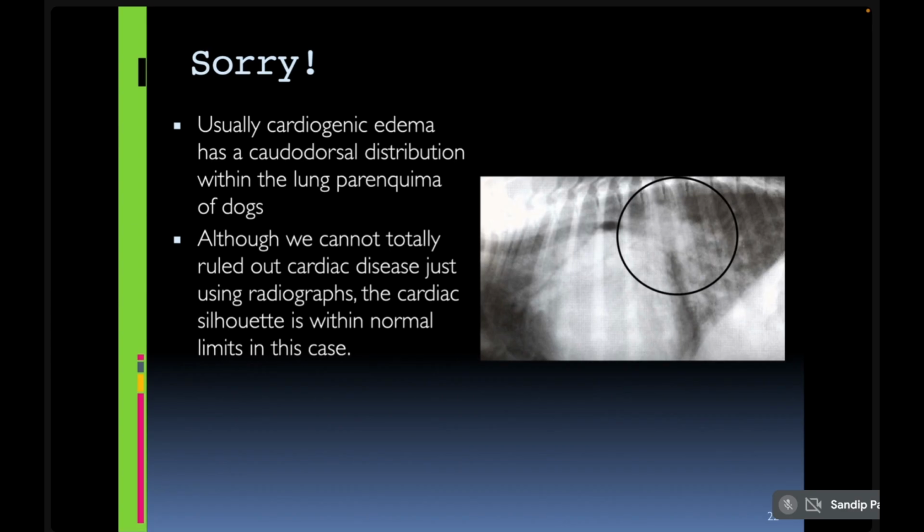We see it on the right, that is most common, because that bronchus supply comes first, and the second supply comes later. So this is the caudodorsal lung lobe. Mostly we see heart-related edema in the caudodorsal lung lobe.